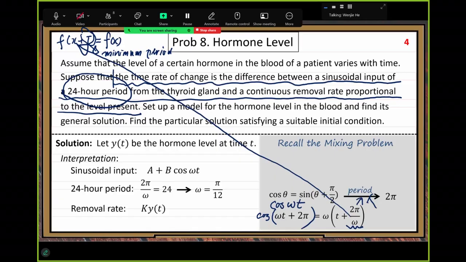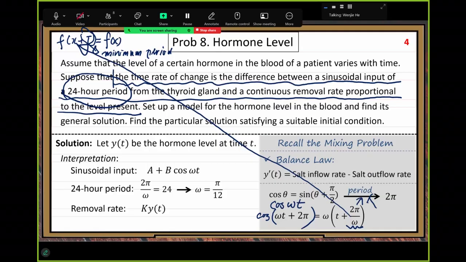So here we can do an analogy from our mixing problem. Our mixing problem has a balance law. So here we have a similar balance law, because what flows in and flows out should be balanced. The rate in, out, change should be balanced. So that's the balance law.